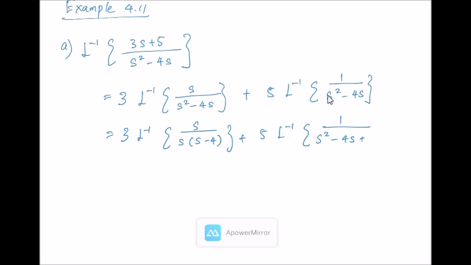In order to do this 4s, if we want to factorize it, so what can you guess? For example, s minus 2 squared. So from here you can get s squared minus 4s plus 4. Am I right? The question only gave the first part.